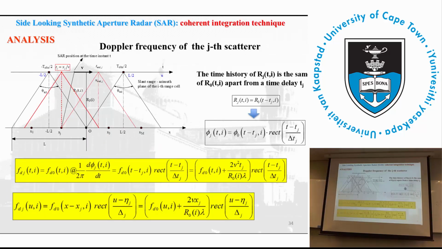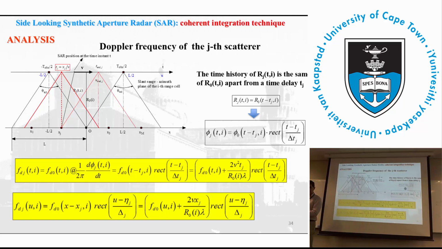So what happens for the other terms, for the other scatterers that are present in the scene? Well, it is interesting to note what happens for example, this scatterer here, X3, okay? In terms of geometry, what's happening to this scatterer here, right, is the same that is happening for the scatterer in point O after this time here.